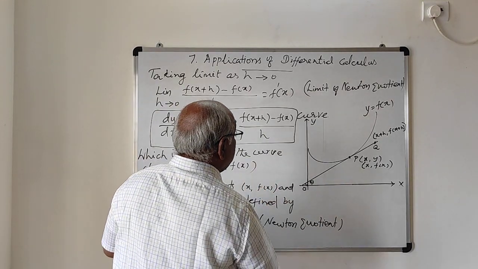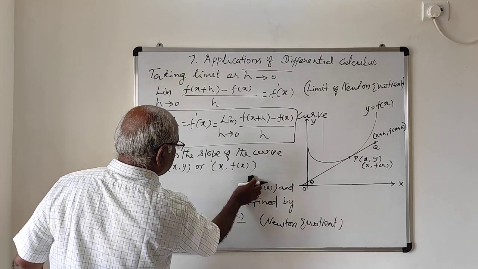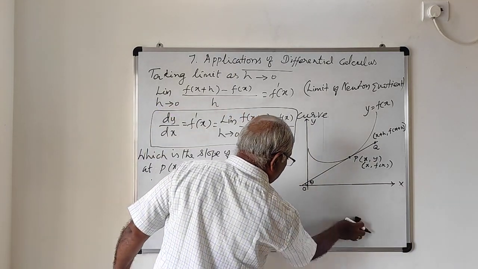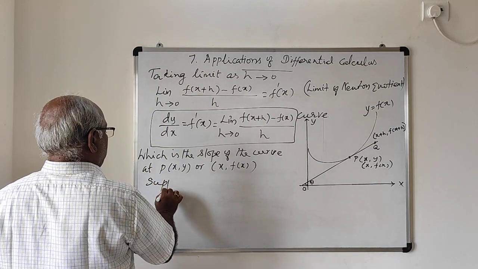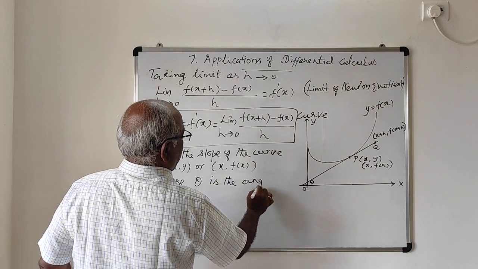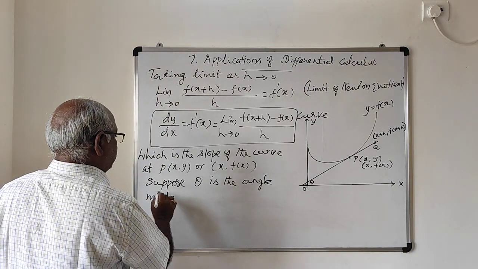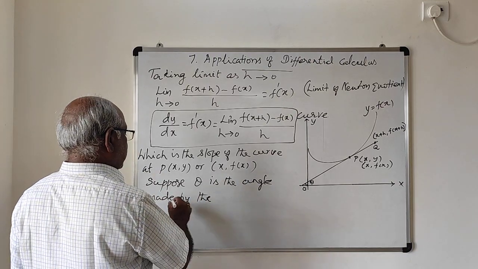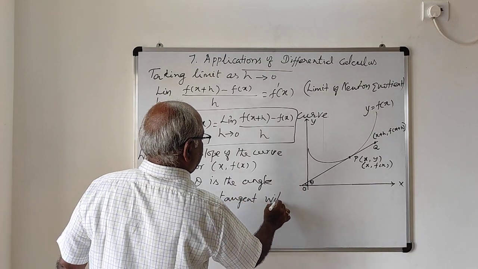And theta is the angle made by the tangent to the curve with the x-axis. Therefore, the slope dy by dx is also defined as tan theta. Suppose theta is the angle made by the tangent with the x-axis.